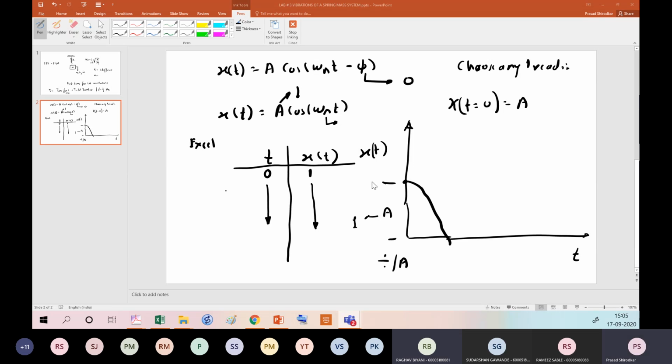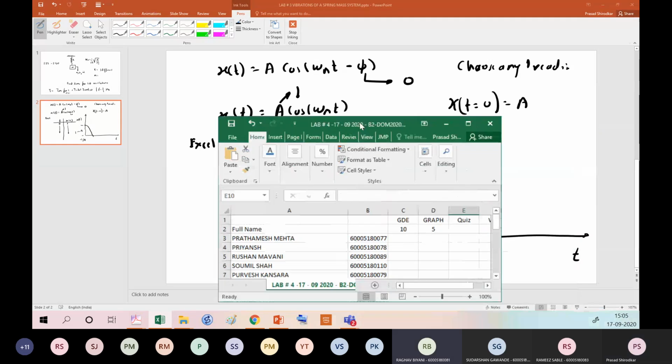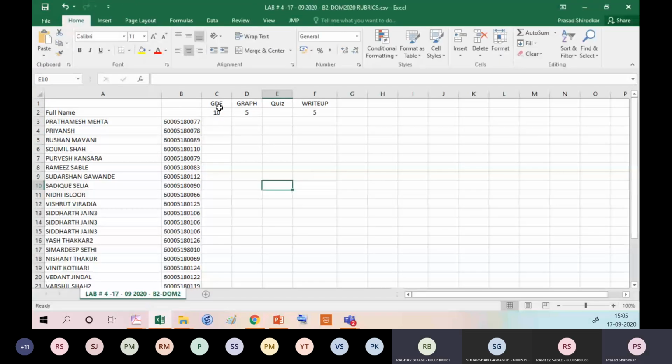Today's rubrics, I am telling you for today's experiment. 10 marks for the governing differential equation, 5 marks for the graph, 5 marks for the quiz, and 5 marks for the write-up. This is how the breakup is going to be.